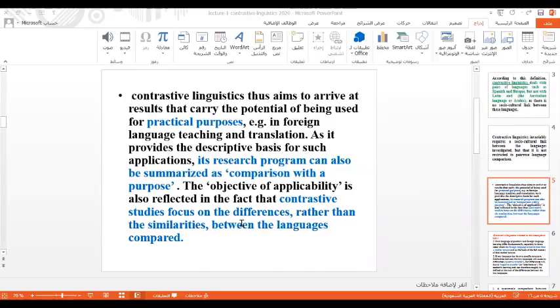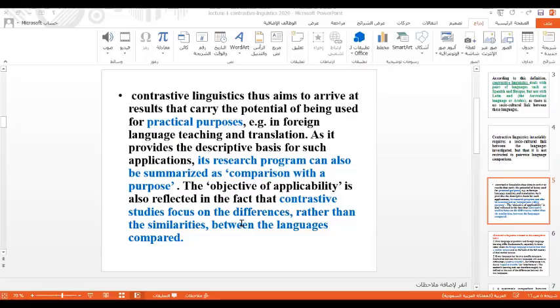Now we have contrastive linguistics, which is designed to achieve practical purposes in teaching foreign languages and in translation.